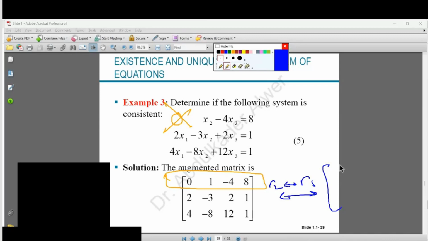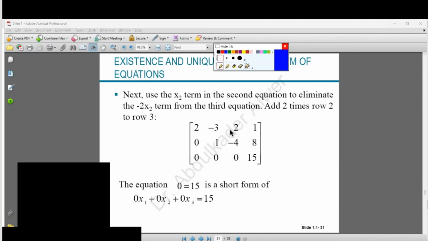Very important. 2 minus 3 to 1, then 0, 1 minus 4, 8, then minus 4 minus 8, 12, 1, and continue. So this is a special case. Got the idea? If we have it like this, you have to change the row. Now, continue to solve this example after changing the row.